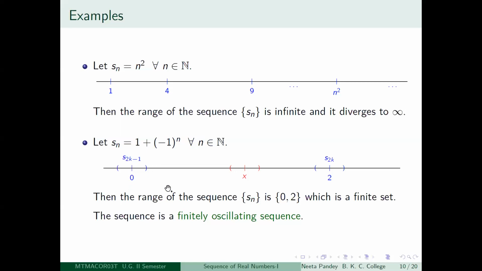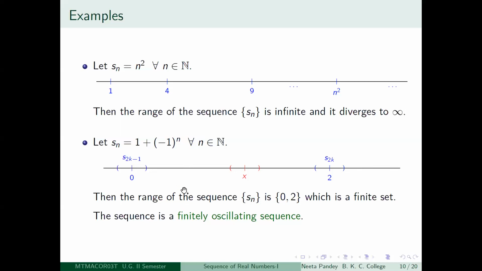But it is not happening that after a certain term, every term of the sequence is there, because whenever you are looking at an even term of the sequence, term which is indexed by an even number, then that term is not here. So S1, S3, S5, S7, etc. are here, but S2, S4, S6, S8, and so on, they are all outside this neighborhood.